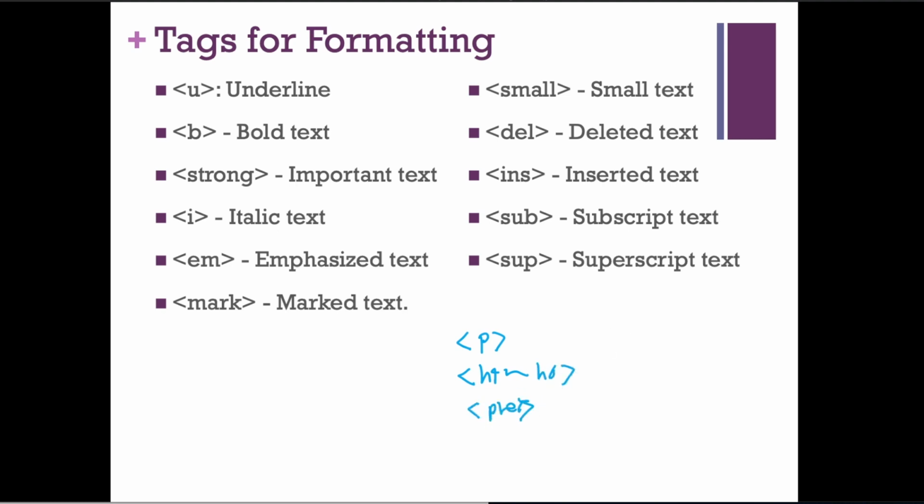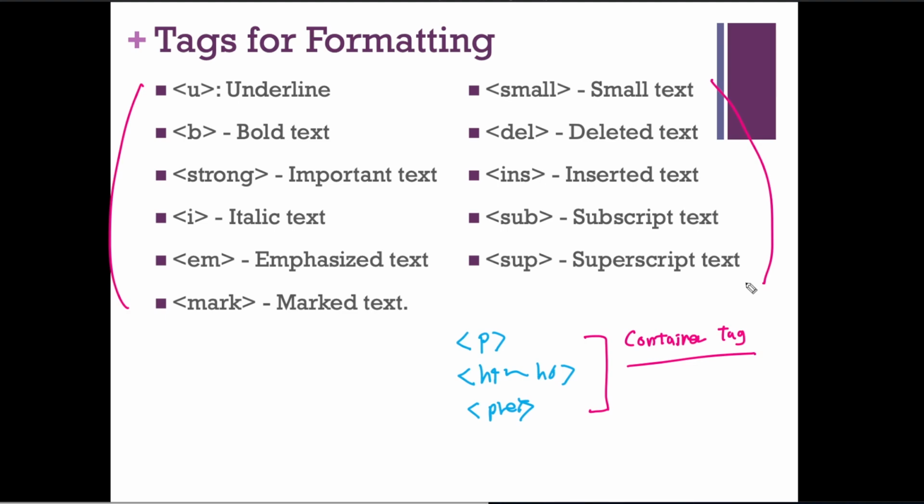These are what I will call container tags, which means they can contain content from you. But all the tags you see over here are not container tags. These are formatting tags.